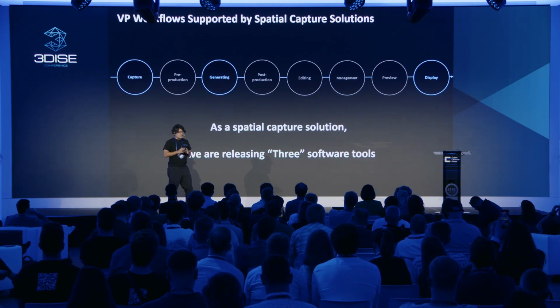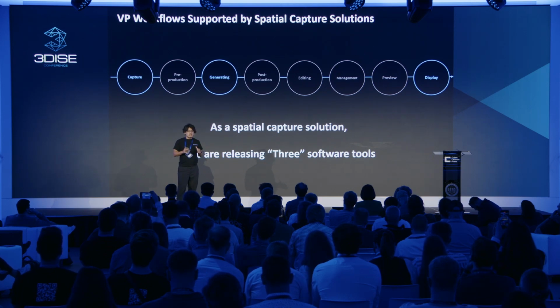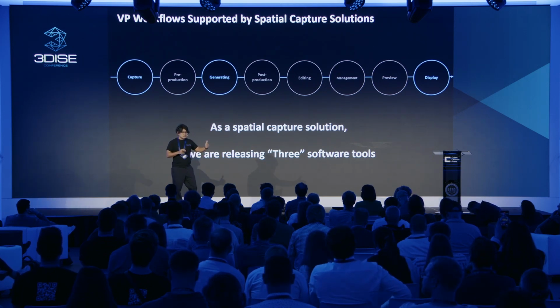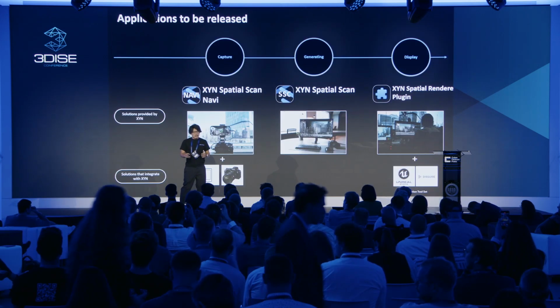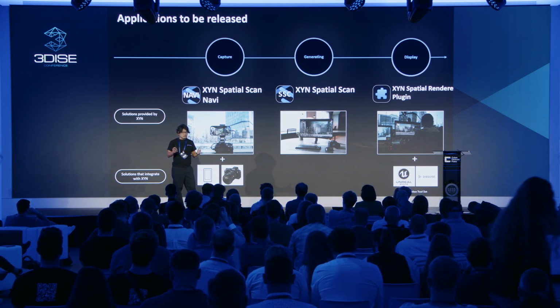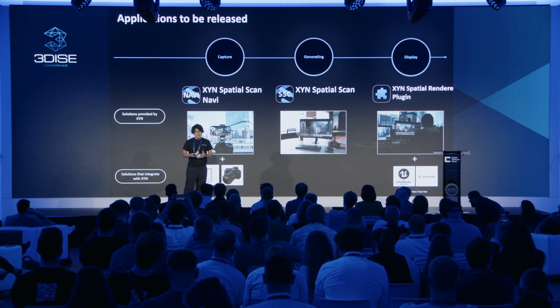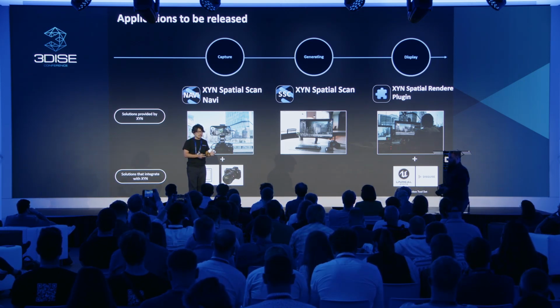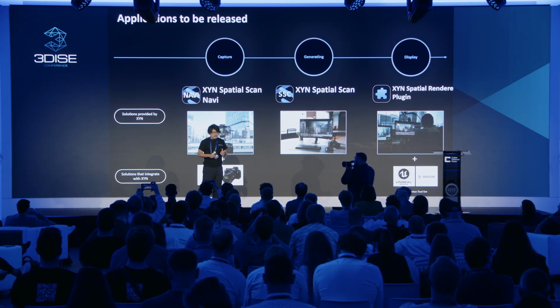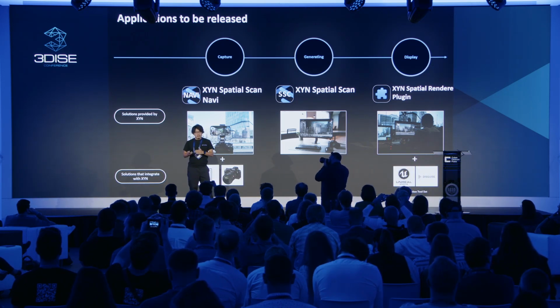So within the batch workflow, in order to create the batch backdrop, there are steps from capture to display. We created three solutions, from capture, generation, and display. For the capture side, it's called Spatial Scan Navi, and for generation, Spatial Scan, and the Renderer.